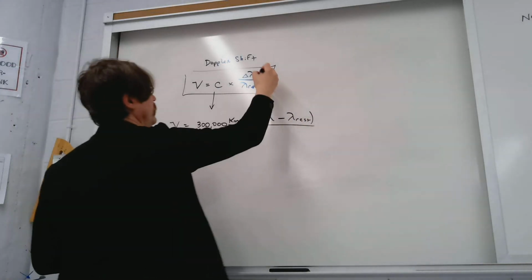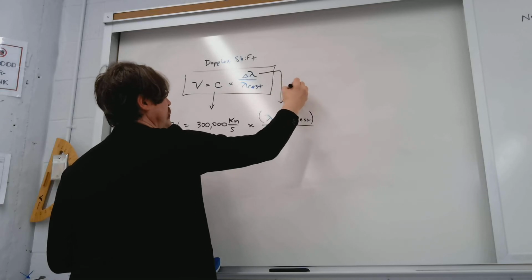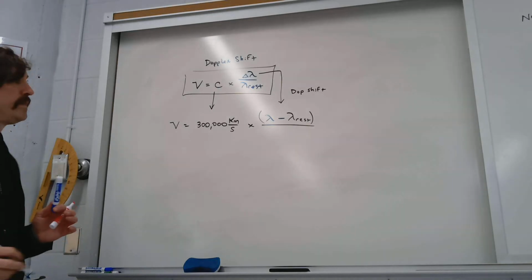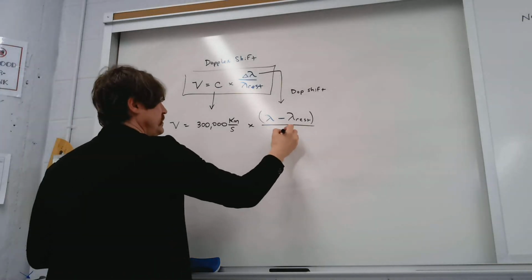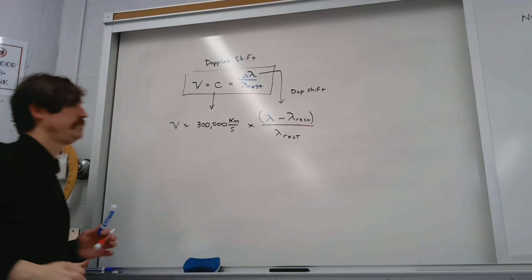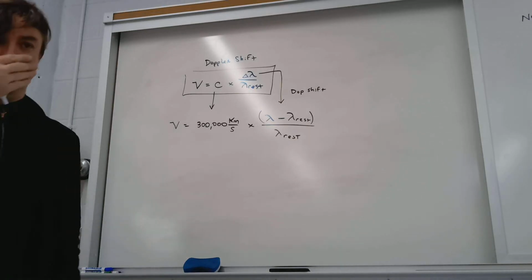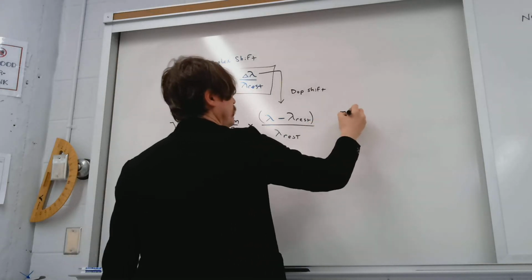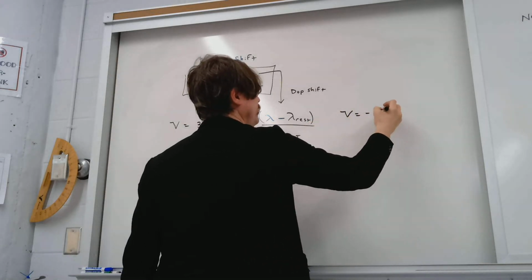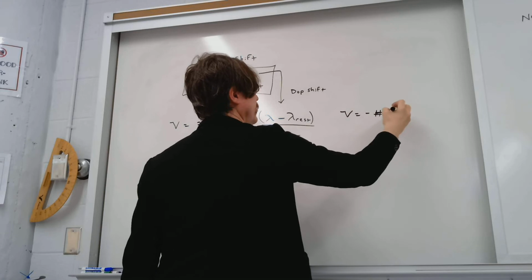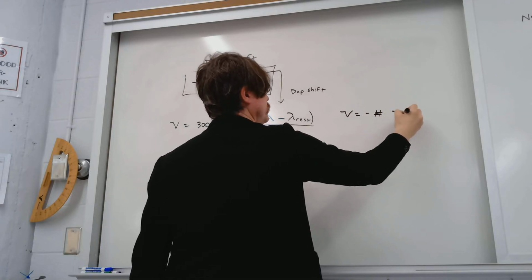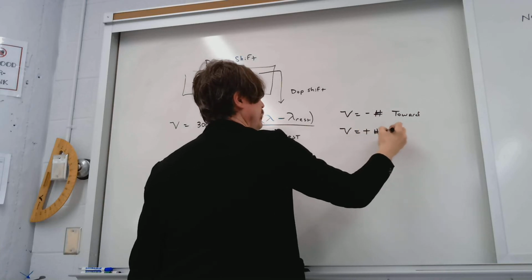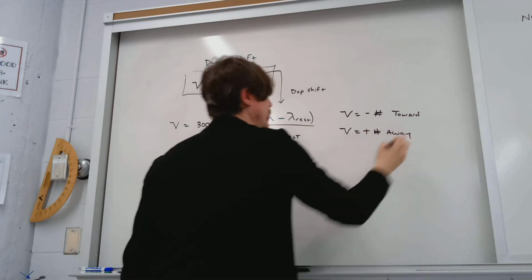And this, by the way, is called the Doppler shift. That's the change in wavelength. And that's divided as a percentage of the rest wavelength. I would like to note that if your velocities are negative, if it's a negative number, that's motion toward the observer. If your velocities are a positive number, that's motion away.